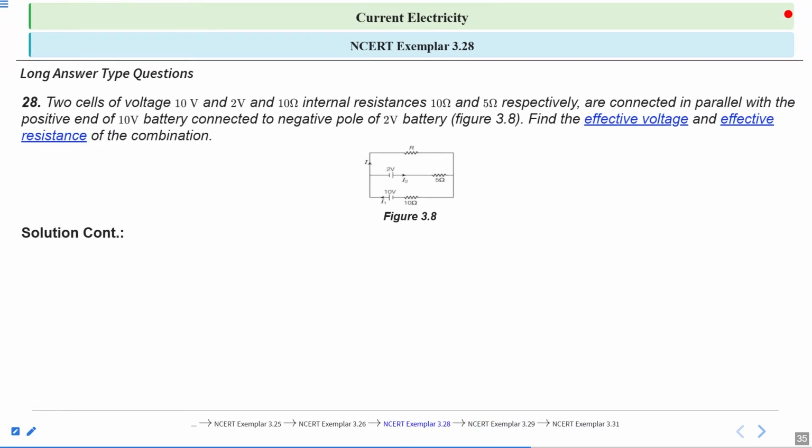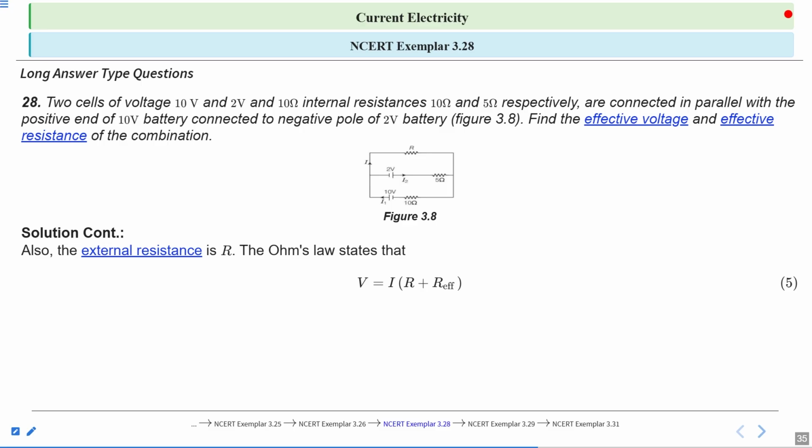Now compare this fourth equation with Ohm's law. The formula for current when we connect a battery having internal resistance small r with an external resistance capital R is I equals V upon capital R plus small r.